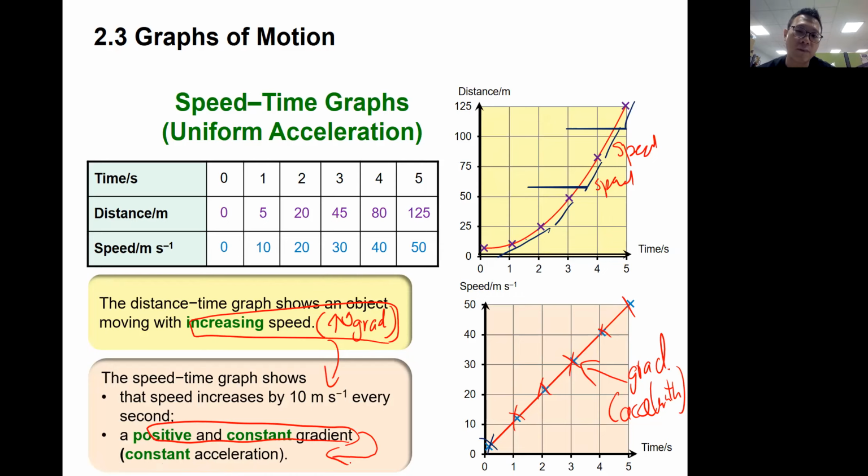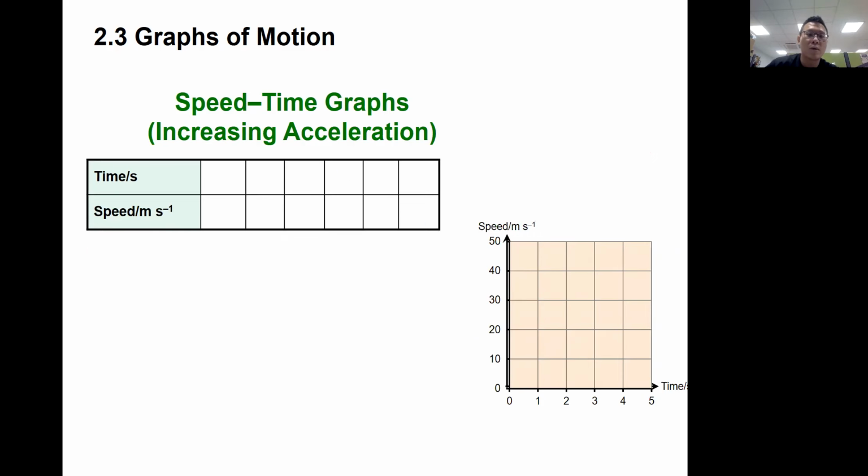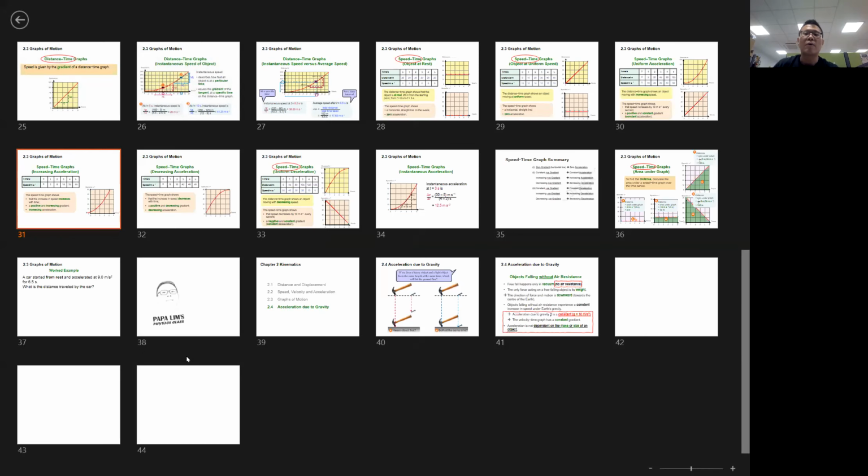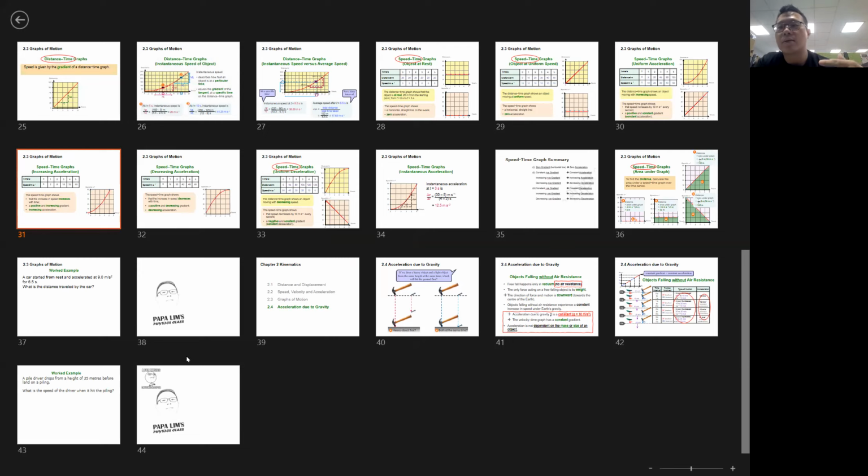At different graphs, you perform the same thing. You will have different shapes, but all the shapes have the same treatment. You look at the graph, you look at the gradient, and it tells you information about the next graph.